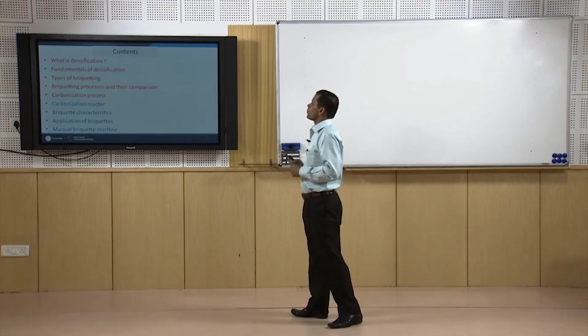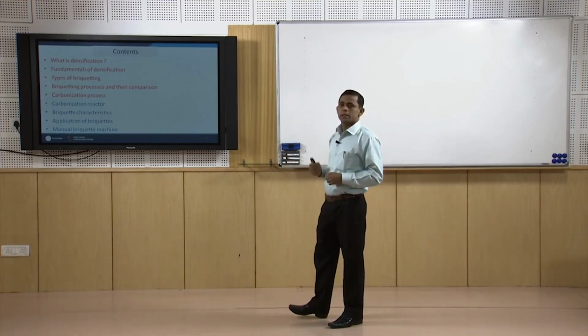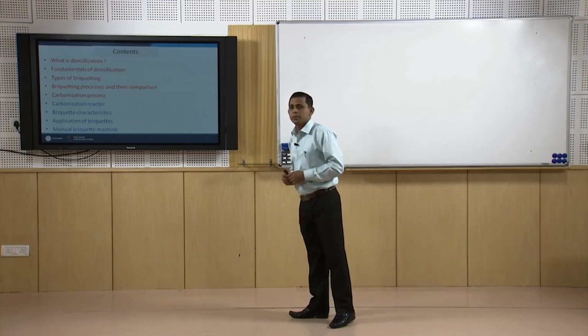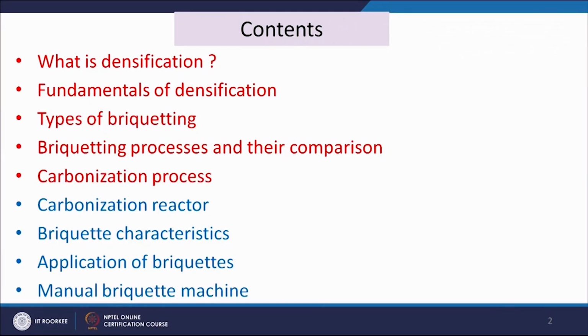So, in this module we will see what is densification, fundamentals of densification, types of briquetting processes and their comparison, carbonization process, carbonization reactor, briquette characteristics, application of briquettes and manual briquette machine.